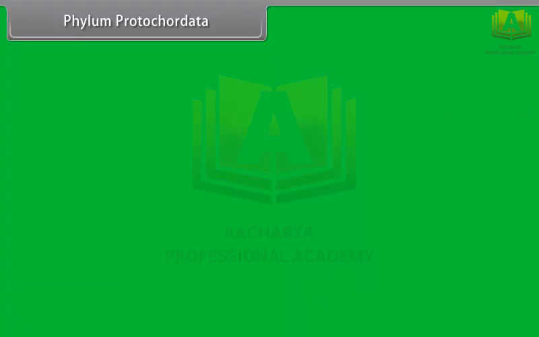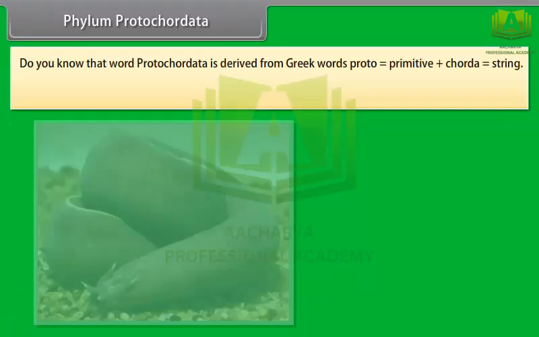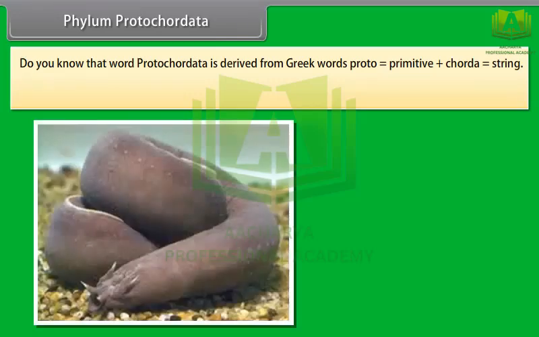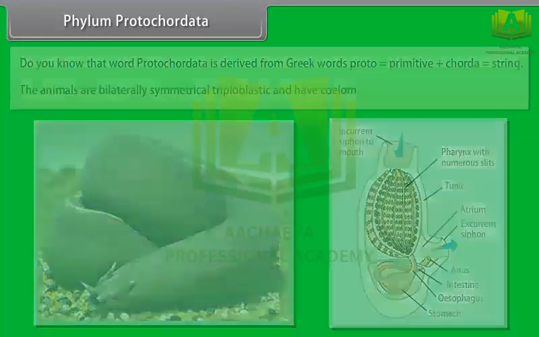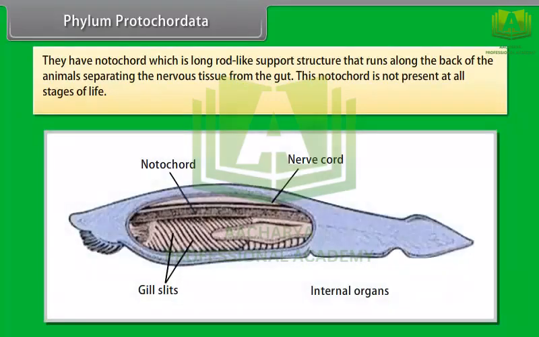Phylum Protochordata. Do you know that the word protochordata is derived from the Greek words proto, primitive, plus chorda, string? The animals are bilaterally symmetrical, triploblastic, and have coelom. They have a notochord, which is a long rod-like support structure that runs along the back of the animals, separating the nervous tissue from the gut.